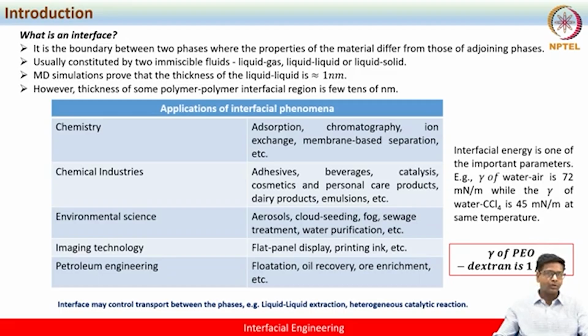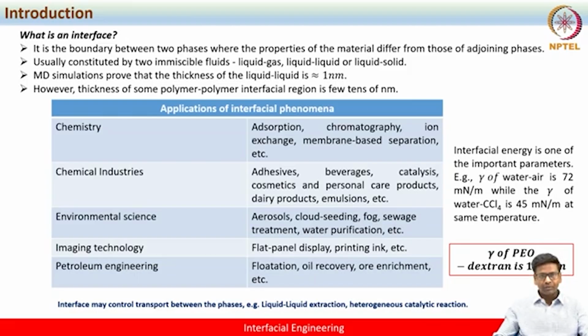So you will get two immiscible mixtures. Interestingly, what is the thickness of this boundary for a water-in-water emulsion? People have measured that it is a few tens of nanometers. So it's a very interesting fact, right? For alkane-water it is very low, but for the water-in-water system it is quite high, right?